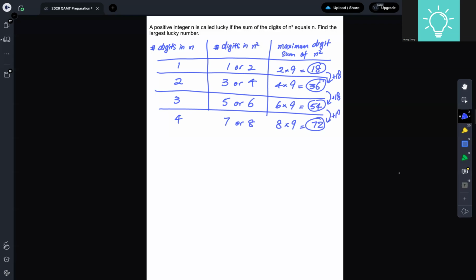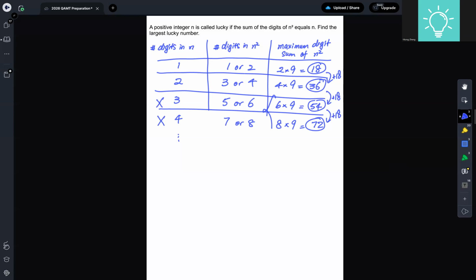So it's increasing quite slowly compared to n, because I'm adding one digit to n each time. It's like multiplying n by 10. Already in this place, we're going to have issues, because the maximum digit sum of n squared still only has two digits here. So the digit sum of n squared for any n with 3 or 4 digits is never going to be more than 2 digits.